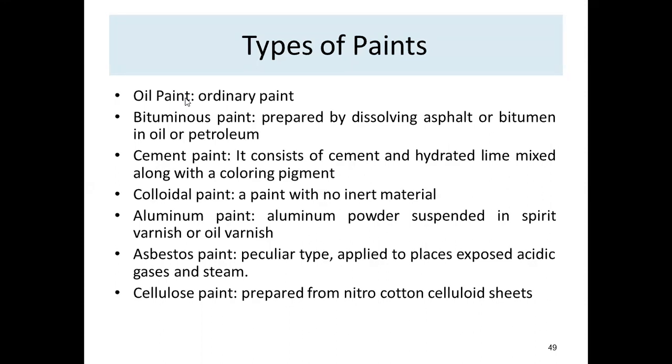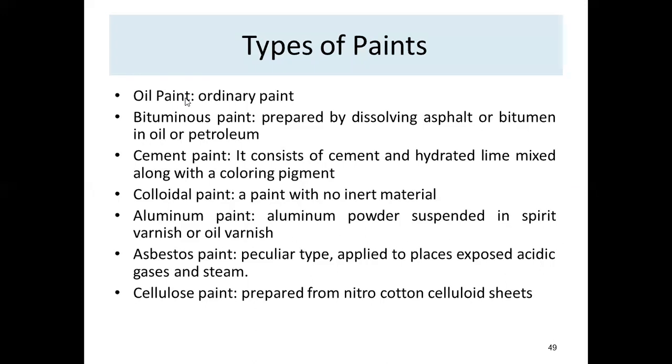Oil paint is used in general for all types of surfaces, such as woodwork, walls, ceilings, or metal surfaces. But preferably we use oil paint for internal works, whenever there are internal walls or a ceiling.